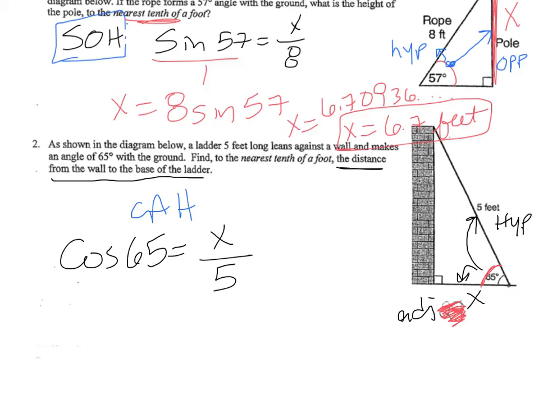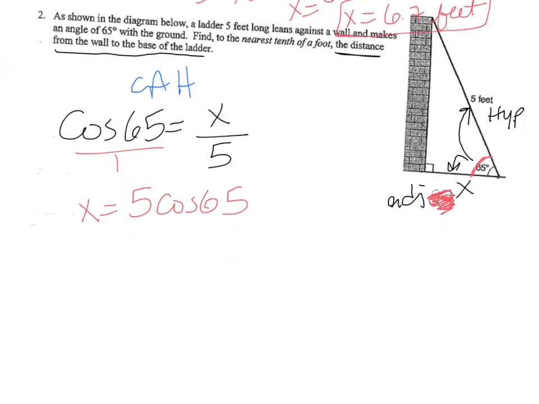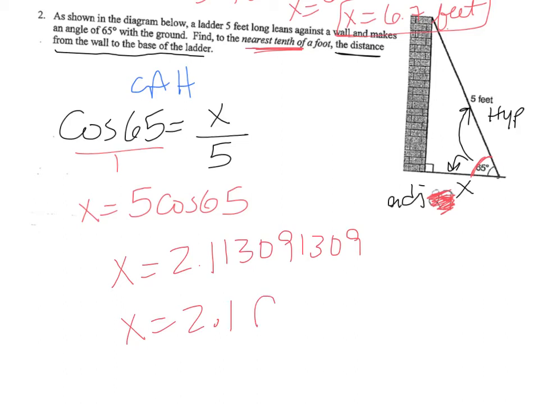The next step is I cross multiply, and I write x equals 5 cosine of 65. Then I type it into the calculator, 5 cosine of 65, and I wind up with x is equal to 2.1130911309. To the nearest tenth of a foot, x is equal to 2.1 feet.